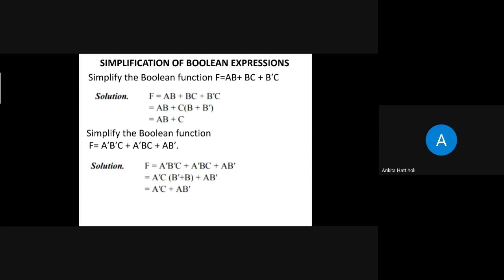A bar C plus A B bar. Ankita, still you have any doubt? You are stuck there, right? The problem is after that you don't have any common terms or any law to be applied here. So to have it in the minimum form, B plus B bar is anyhow 1, so we have taken B plus B bar common. Right.